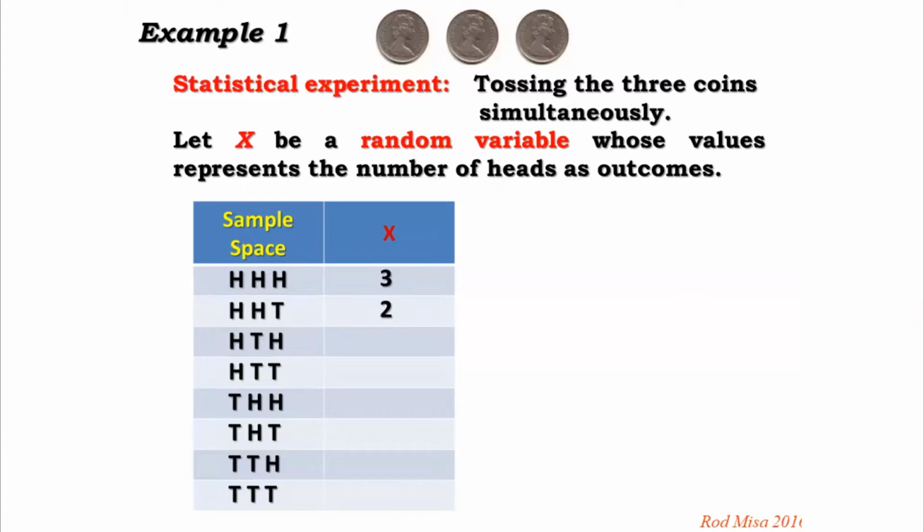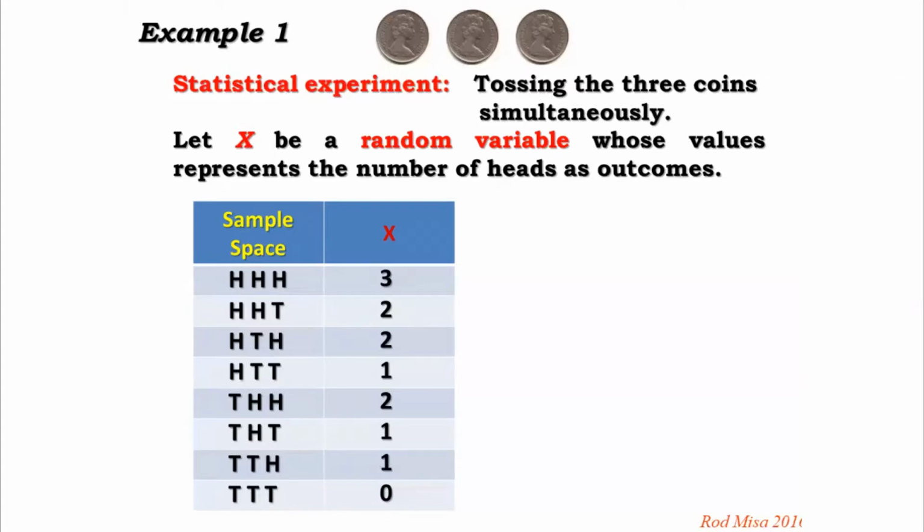And in the third outcome, we still have 2 since we have 2 heads in the outcome. And in the next outcome, we have 1 as the value of our random variable because we have only 1 head in this outcome. And the next is 2 there, 1 for the next, and also 1 for this outcome. And lastly, we have 0 here since the outcome has no head as a result.